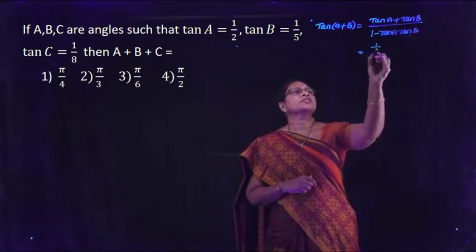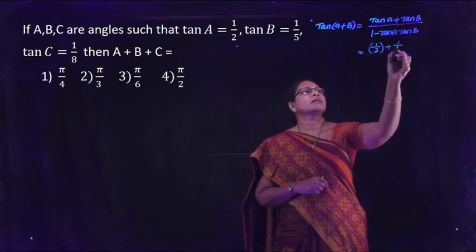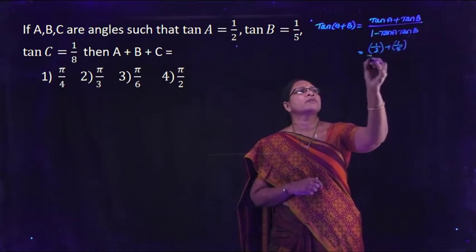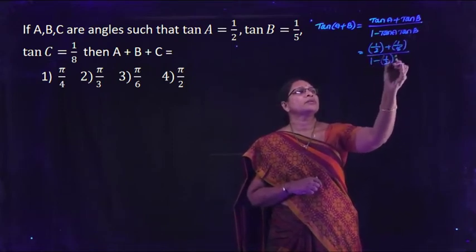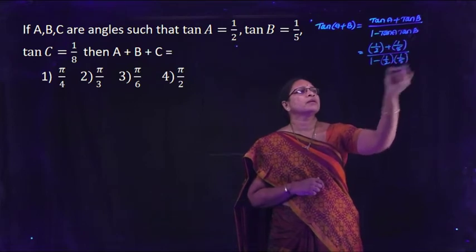We can substitute tan A as 1 by 2 plus tan B as 1 by 5 whole divided by 1 minus 1 by 2 into 1 by 5.